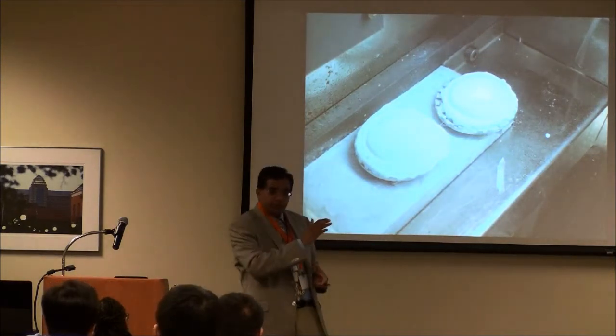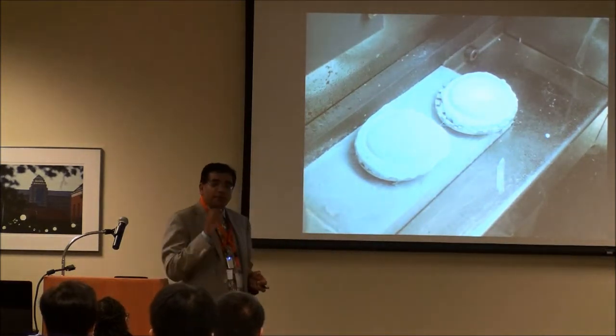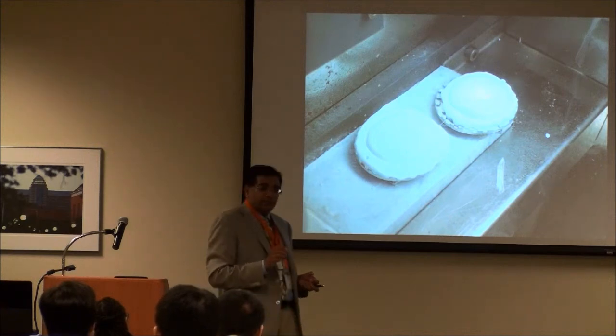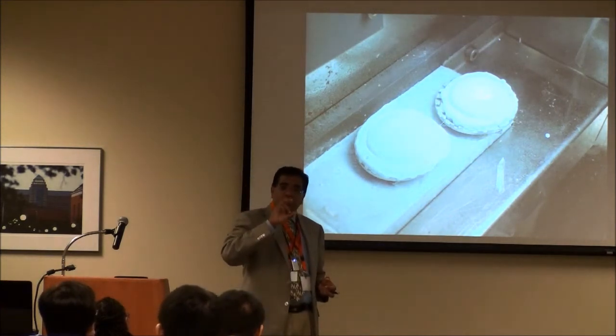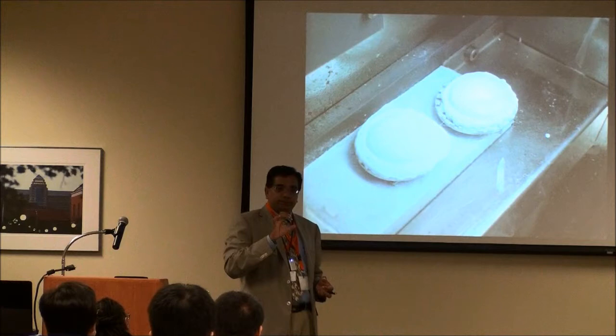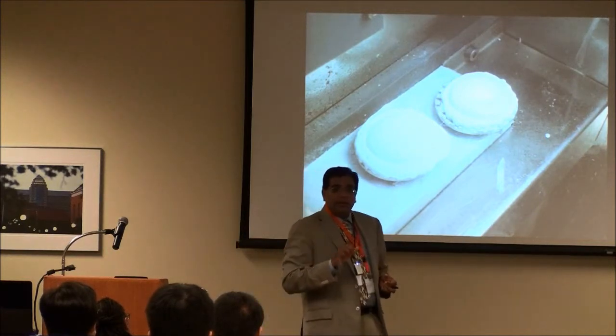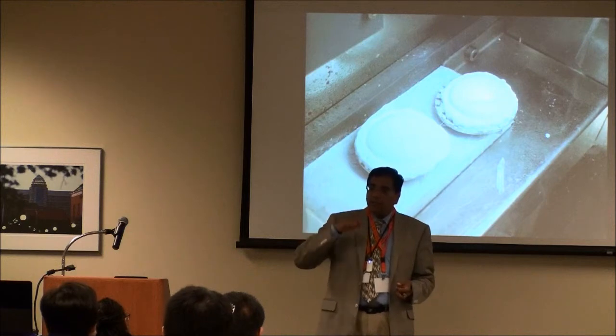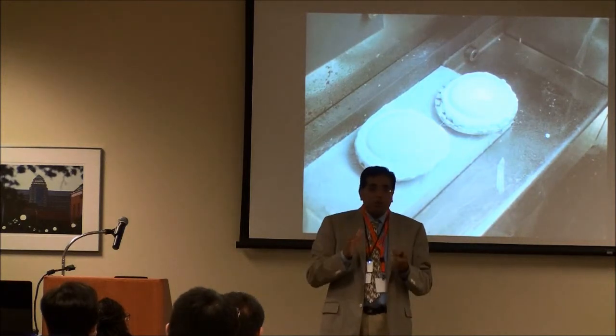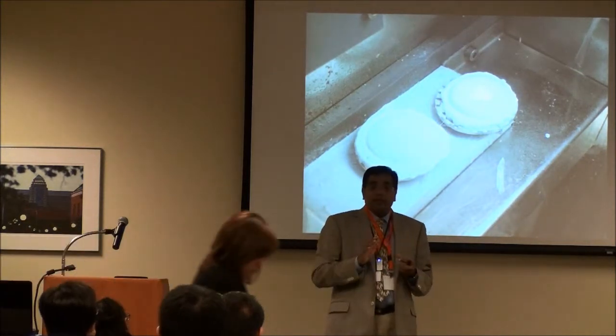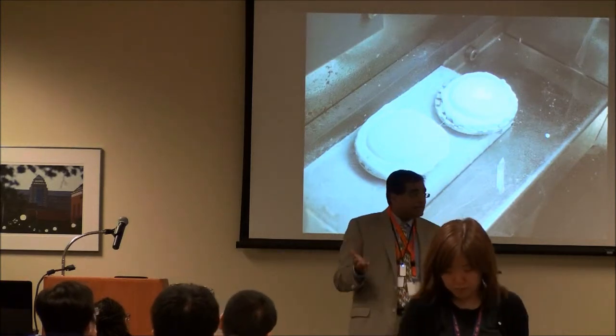It comes out, and what the techs do is they embed it in paraffin blocks. Once they embed it in paraffin blocks, a technician cuts them at 3 to 4 micron sections onto a glass slide. At this point, the slides are unstained.